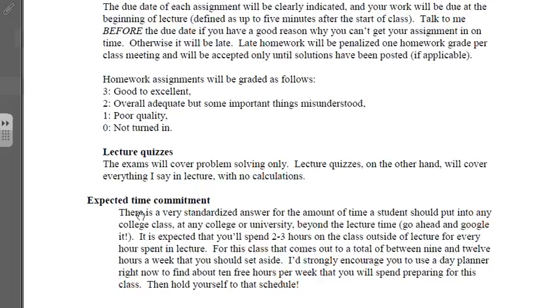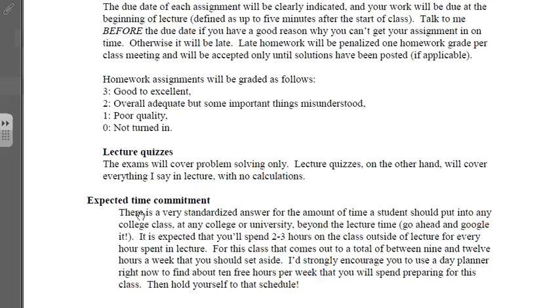If you Google it, the standard answer is that for 3 credits you should do 6 to 9 hours of work outside of class time. So 6 to 9 hours outside of this class. That's the amount of time that you owe me. You owe me that time.